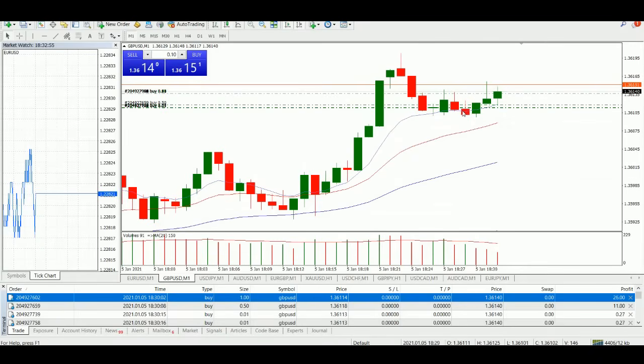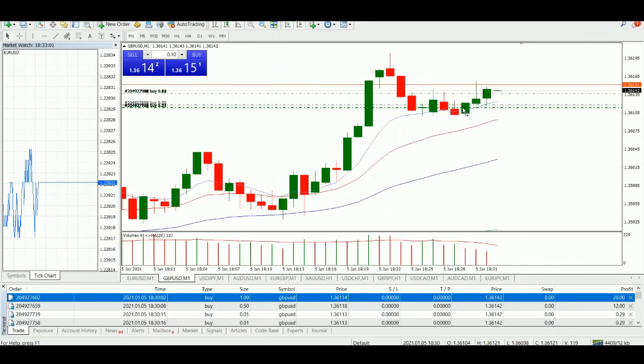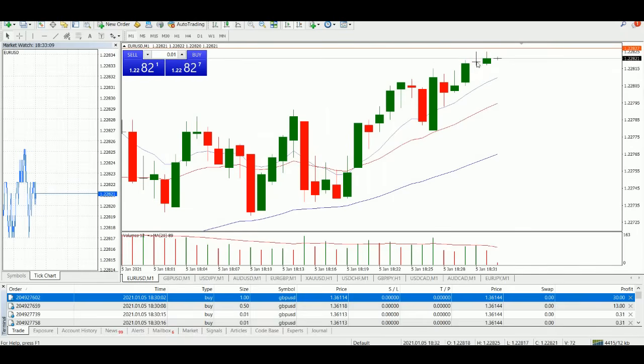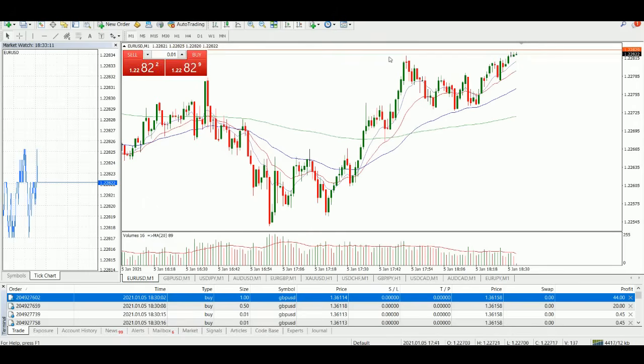So GBP dollar, we've bought it here and we are waiting for it to go up much further. And for the euro dollar, as you can see, euro dollar is facing big problems here at the decision level, so it's risky to use it and it's very slow, so of course we will stay away from it.